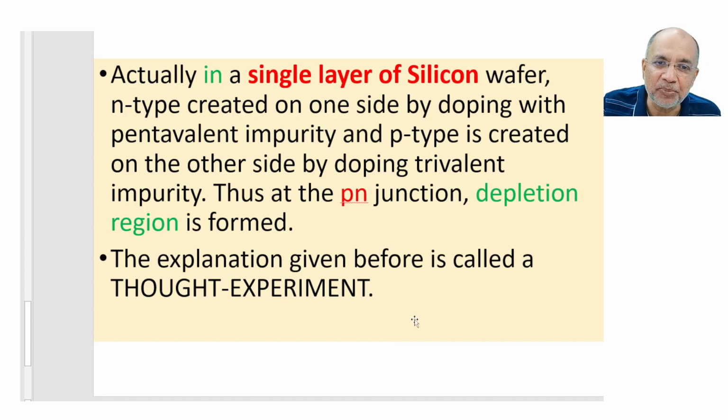It's just a thought experiment, but actually what happens is a single wafer, silicon wafer, on one side the arsenic or phosphorus or antimony, the group 15 impurity is added and makes it an n type, and the other side of the same wafer some boron or gallium is mixed, so that the other side becomes p type. Automatically the junction between the two sides is called the p-n junction, and there in the vicinity of that you get depletion zone and all magic happens.